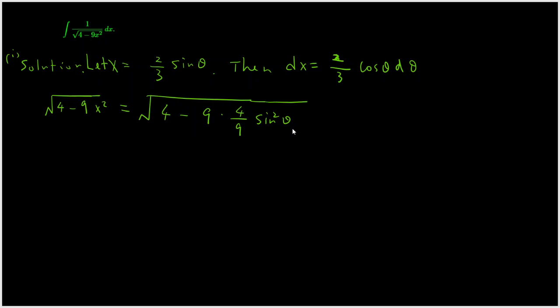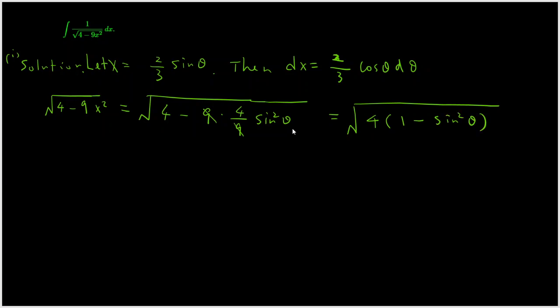I will keep on writing. The 9 is cancelled. This time I'm going to do this a little bit slower, just in case some of you are confused. I cancel out 9 first, and then you take out a common factor of 4 from the two terms, and then you have 1 minus sine of theta, the whole thing squared.